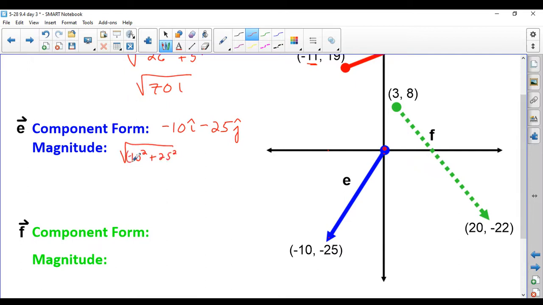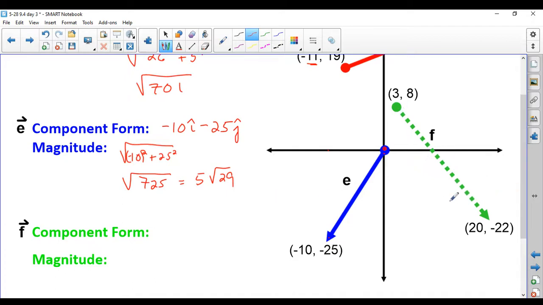You can put the negatives in here, but you know that squaring -10 gives you the same thing as squaring +10. And when I add this up, I get the square root of 725. 725 is 25 times 29, so this is 5 times the square root of 29.